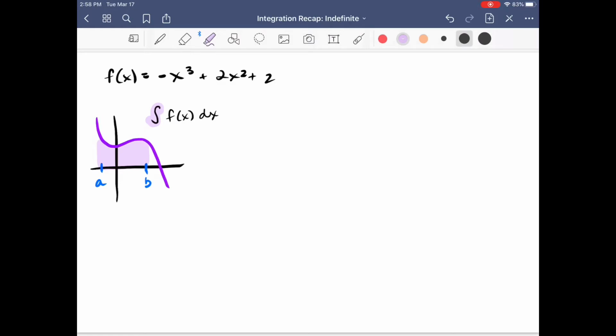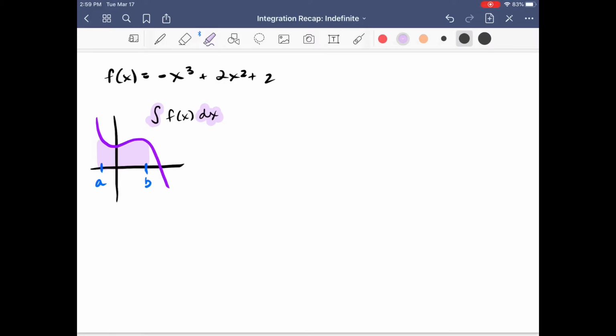The second important part of my notation is this dx right here. And that dx is sort of a bookend. We have the long S at the start of my integral, the dx at the back end of my integral. It serves a couple of purposes. If we had more variables than just x's, it would remind us which one we care about integrating. So things like multivariable calculus, this becomes super important.